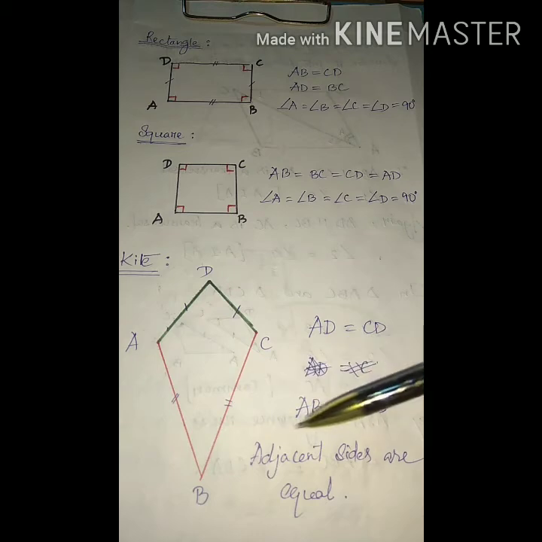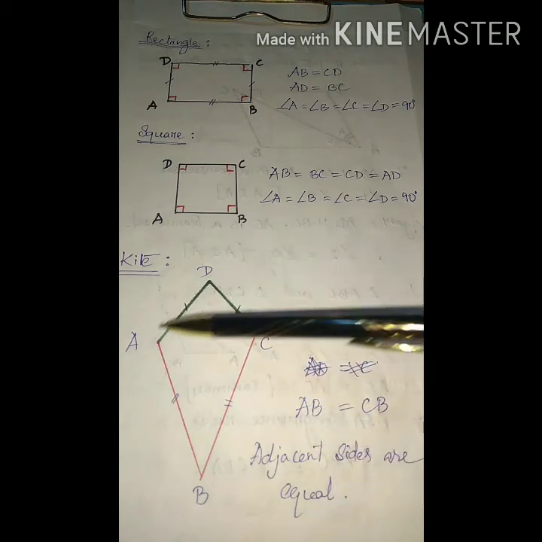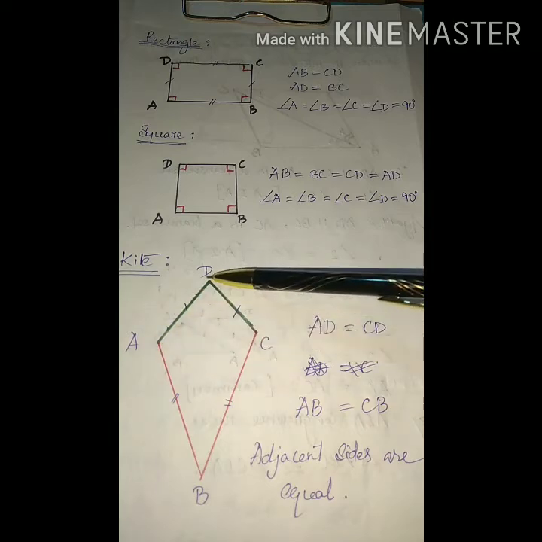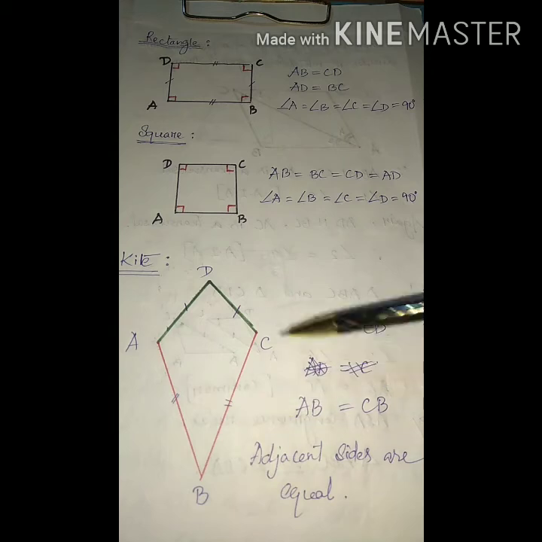If the adjacent sides are equal, that's why it is written here, adjacent sides are equal: AD equal to CD, similarly AB equal to BC or CB, then this type of figure we call a kite. Is it clear? So in case of a kite, what we have to say? If the adjacent sides are equal, then it is known as a kite.